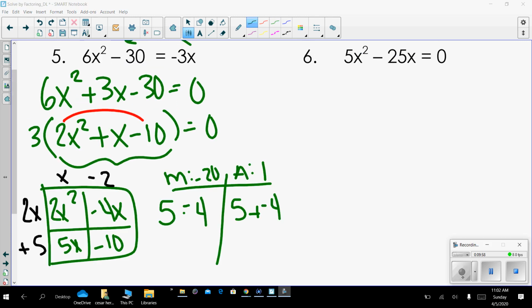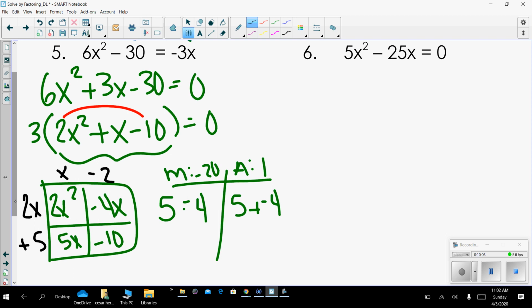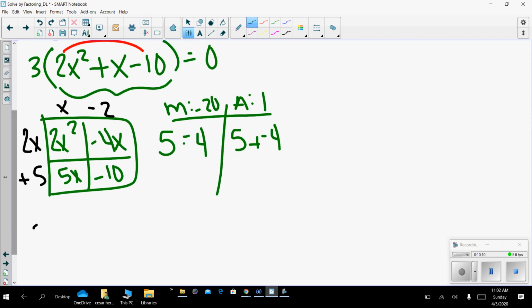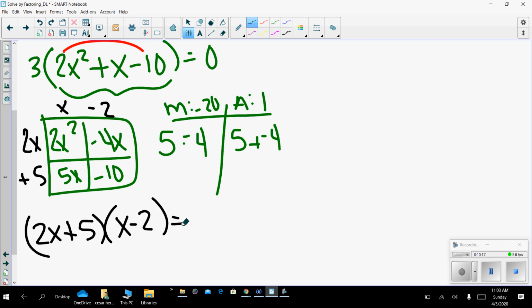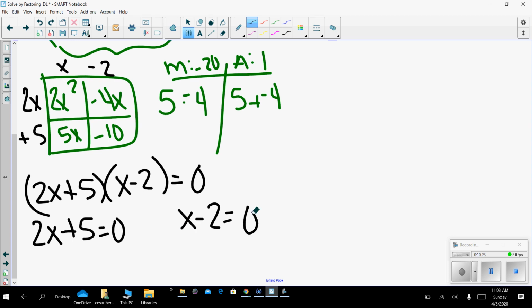Okay, so here you go. I went ahead and factored everything, and again, it's two numbers that when you multiply, you get a negative 20, and when you add, you get a 1. So my factors are 2x plus 5 and x minus 2, and we're going to set that equal to 0, which means we have 2x plus 5 is equal to 0, and x minus 2 is equal to 0.